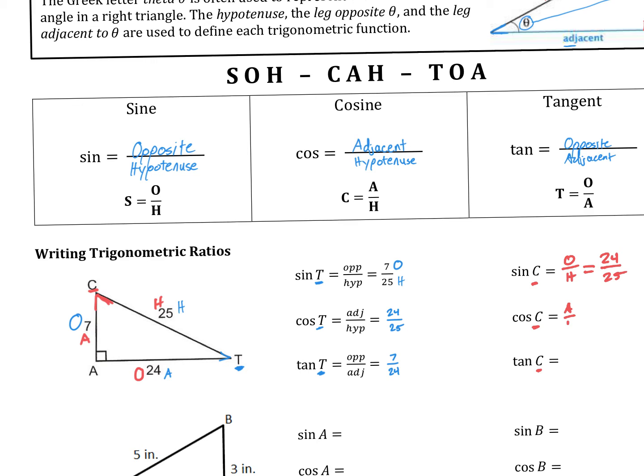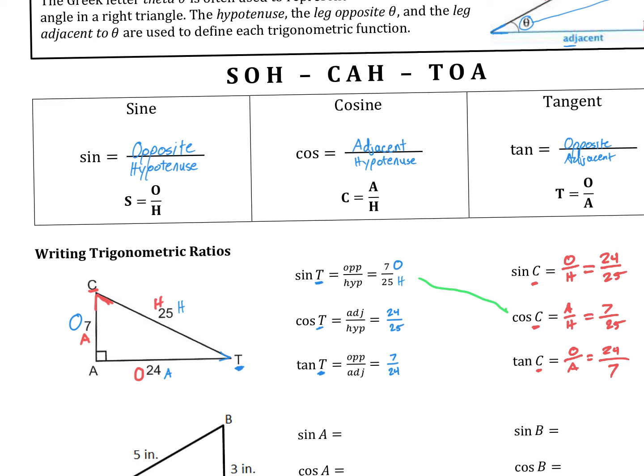A over H. Adjacent is 7, hypotenuse is 25. And then tangent, opposite over adjacent. Opposite is 24 and adjacent is 7.